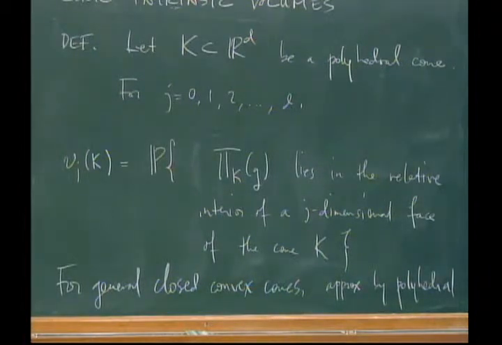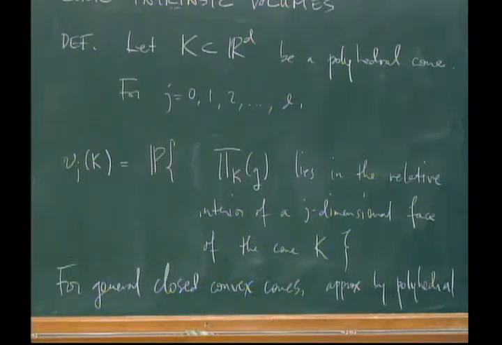So if you want to know the conic intrinsic volumes for some other cone that's not necessarily an intersection of half spaces, you find a cone that's really close by, whatever that means, and is polyhedral, and you use its intrinsic volumes, and you take a limit. So I'm not going to talk about the limiting process, but you can use roughly the same idea to define intrinsic volumes for all closed convex cones.